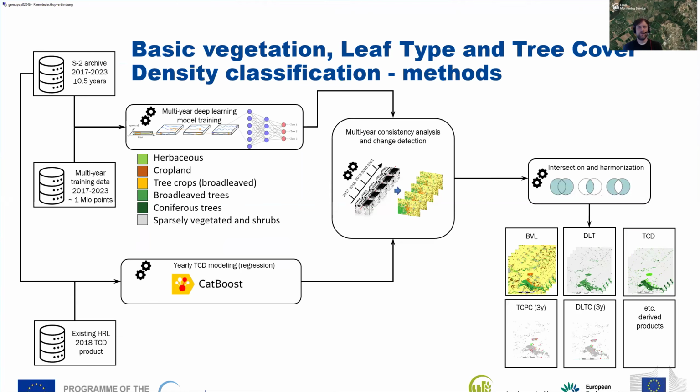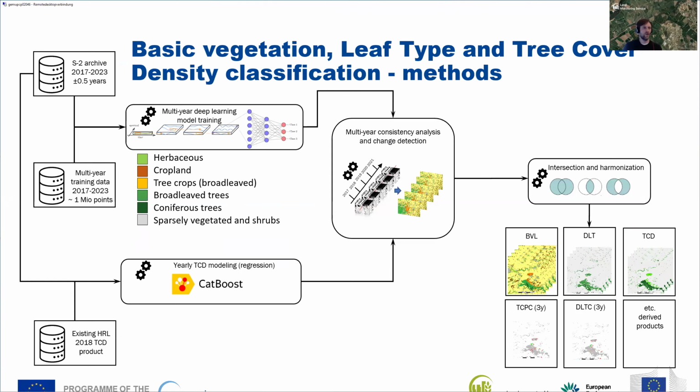Now we are diving a little bit deeper into the base vegetation or initial classification, the leaf type and tree cover density classification, so the methods applied for the generation of the base vegetation layer and the forest products.